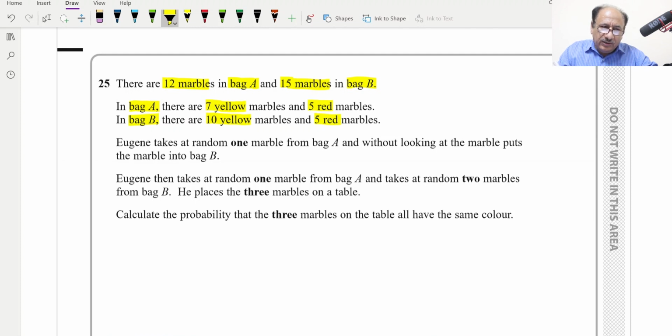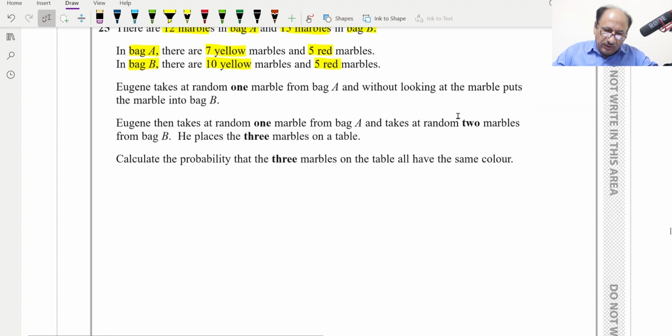Now before going ahead I will try to draw whatever we have gone through. For example, this is bag A, and bag A is containing a total of 12.